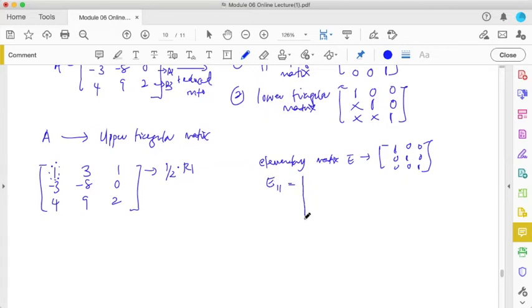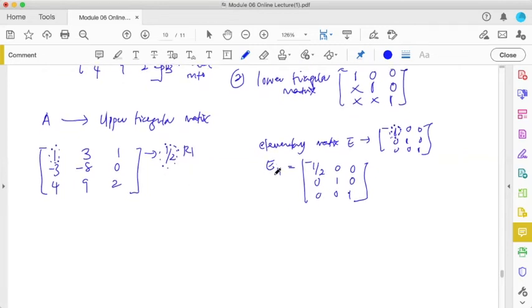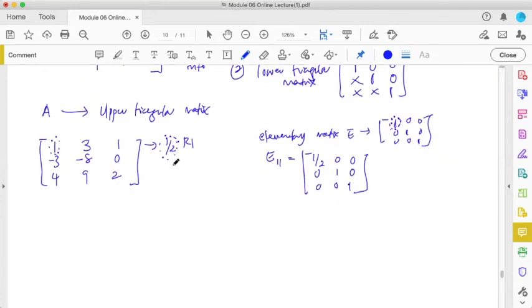You need to replace this coefficient at position 1, 1 with the one that you used in your operation. In this case, the one that you used to change it to 1 is 1 over 2. The rest of the coefficients do not change. So this reflects your first operation.